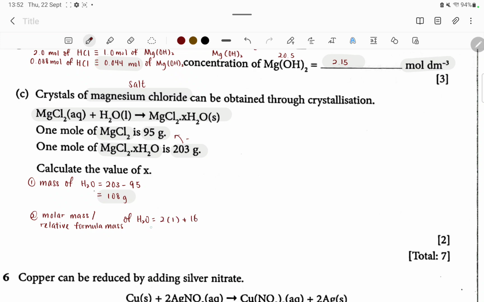So total is 18 gram per mole. Or you can just straight away write 18 also can.